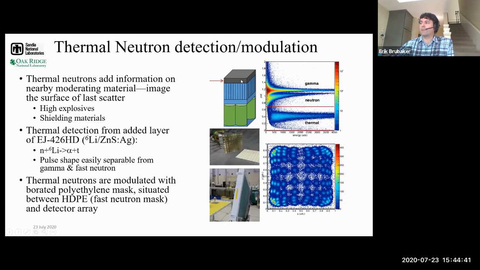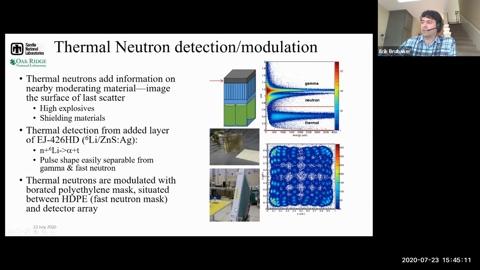And so the light from that detector escapes, goes through the scintillator pixels and arrives in the same way at the 4 PMTs. And because that scintillator is a very different thing, its pulse shape is much longer. It's very easy to distinguish, as you can see here in the upper right plot, the thermal neutron events that happened in the lithium-6 zinc sulfide from the gammas and fast neutrons in the scintillator.